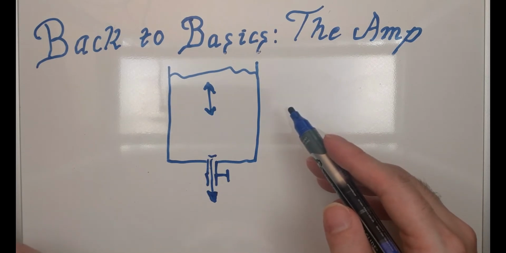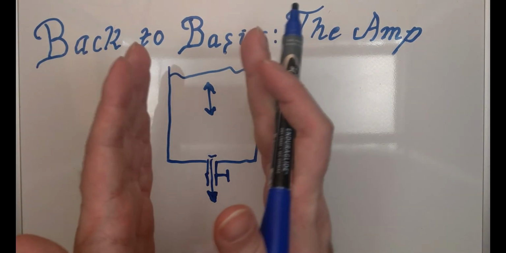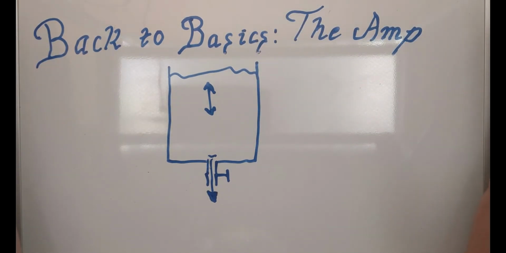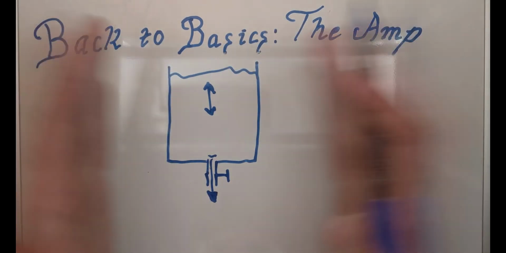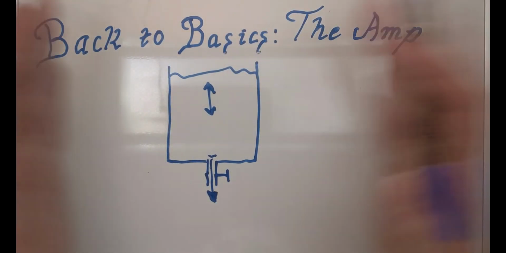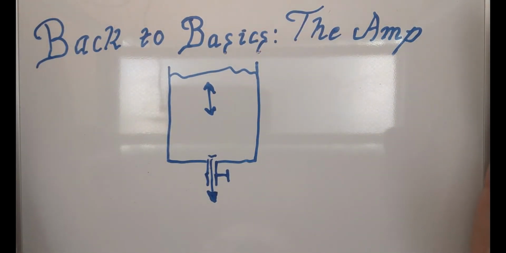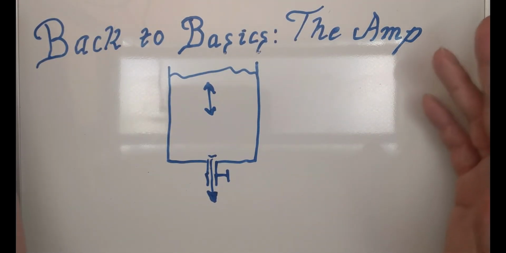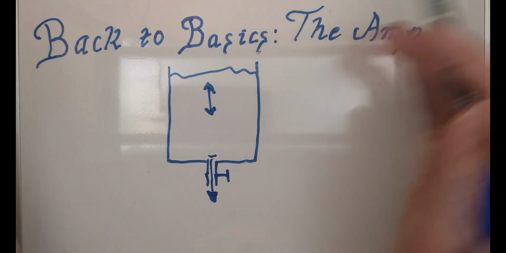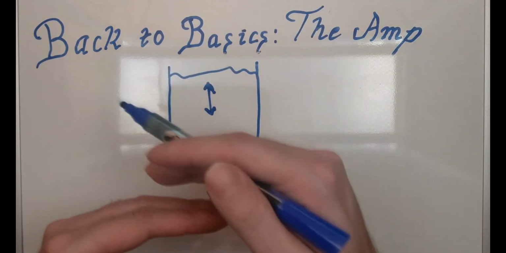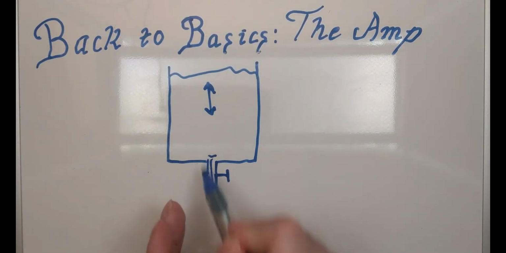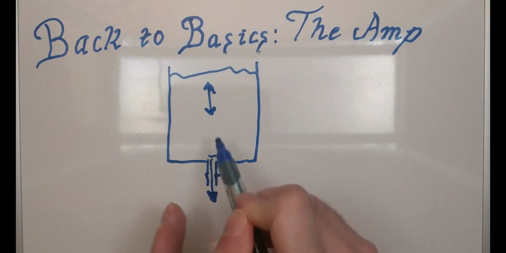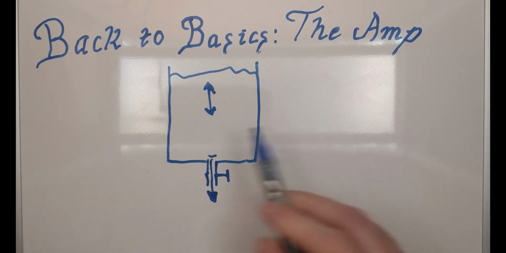The actual amount of water we have, though, and we'll get into this in the next video when we talk about coulombs, the amount of charge, if we make the tank wider, that's not going to increase our current at all, because the current is dependent on the pressure of the water and the resistance of whatever that water is flowing through.